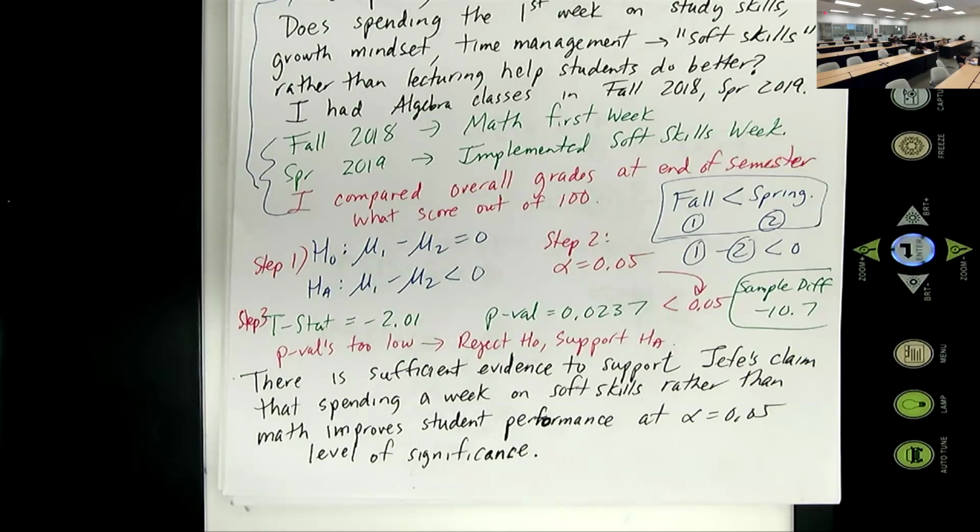Both N1 and N2 were bigger than 30, so I can assume that they're normally distributed. And I know they're less than 5% of the population.